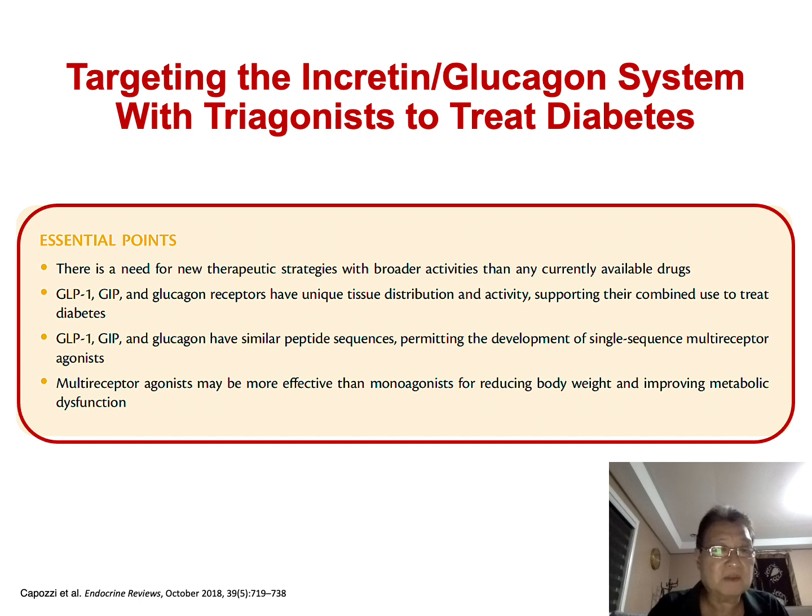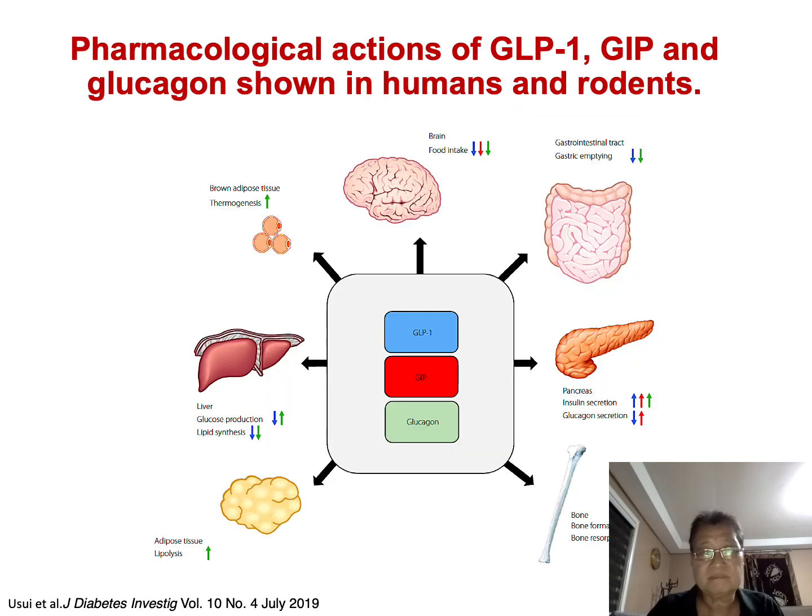The three hormones that I mentioned have similar peptide sequences, permitting the development of single-sequence multi-receptor agonists. And the last one is multi-receptor agonists may be more effective than mono-agonists for reducing body weight and improving metabolic dysfunction.